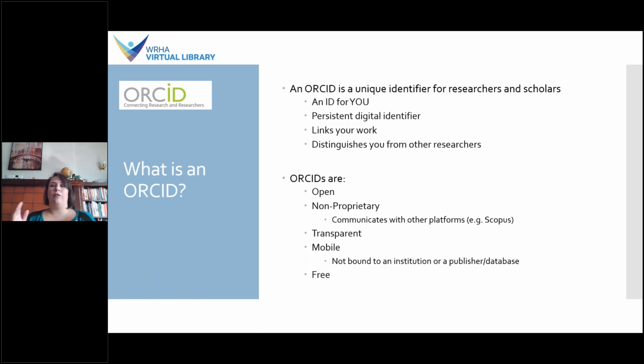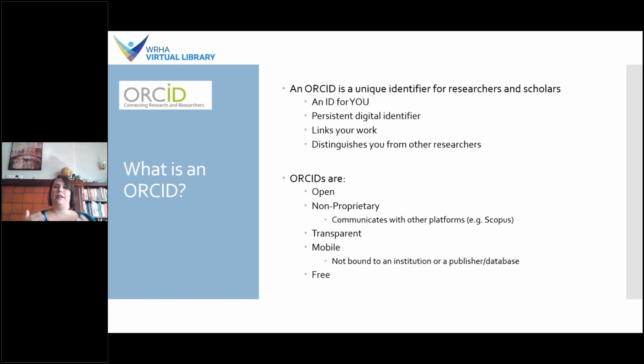It's an ID for you, and it is a persistent digital identifier. That means that it'll stick around, that it won't change as websites are updated or anything like that. It links to your work. It's sort of like an online CV, and it distinguishes you from other researchers.